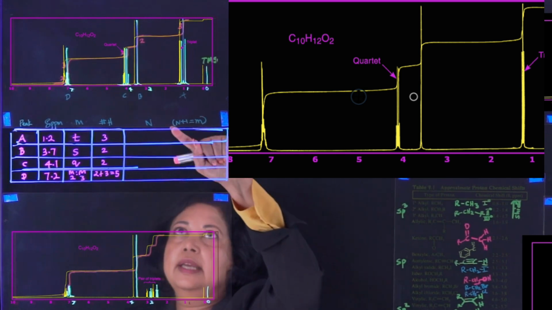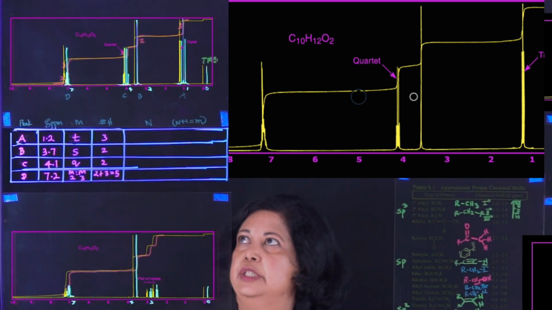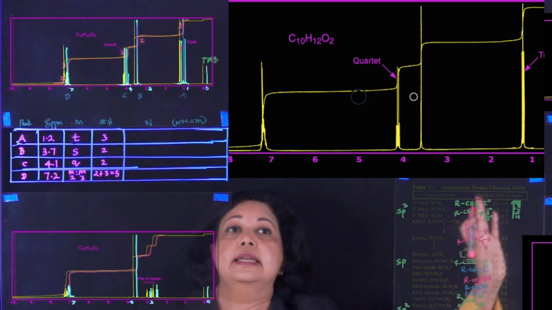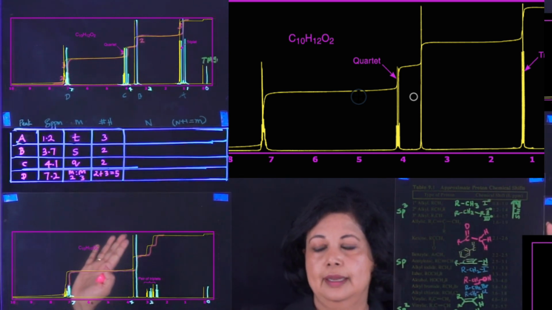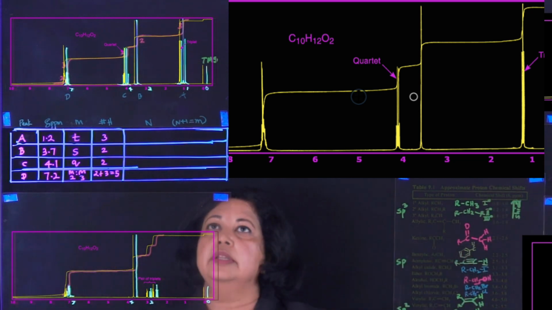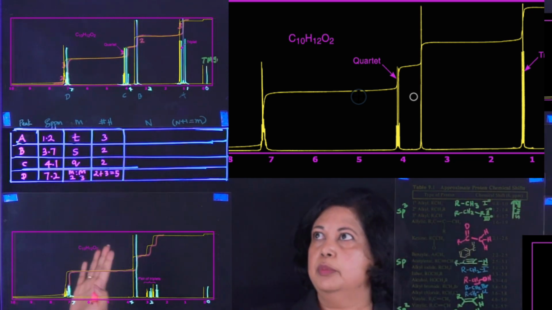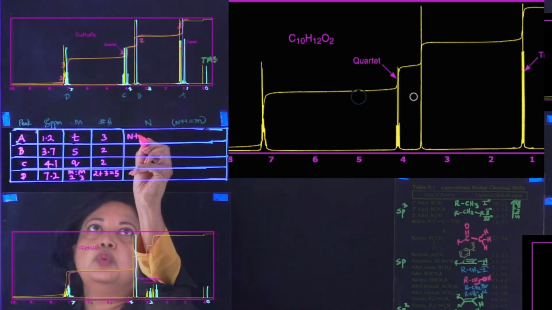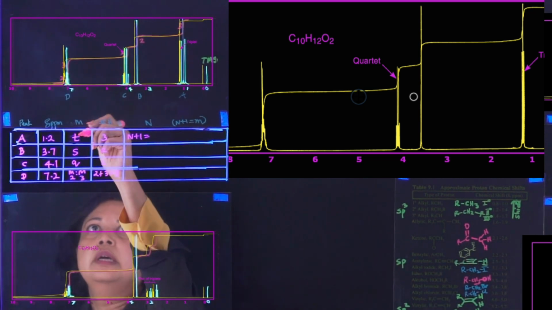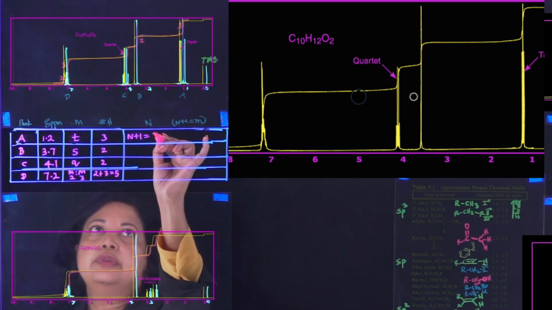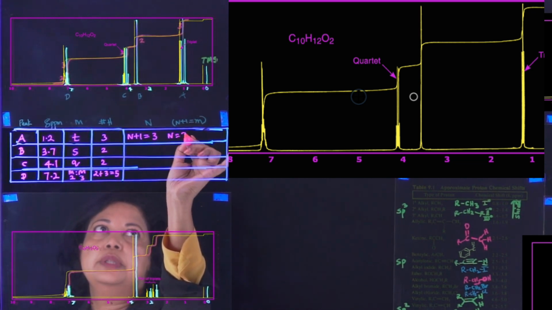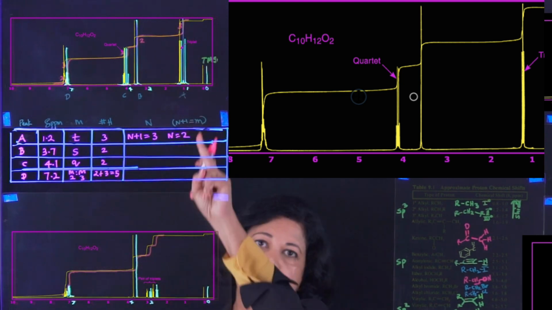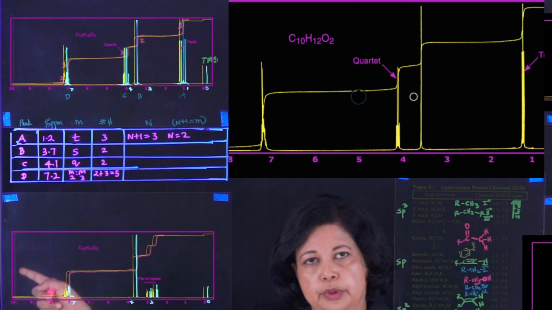Now, this is the most valuable information of all of this. Multiplicity can tell you how many hydrogens are neighbors. Okay? Neighbors. Not on the same carbon, but on the neighboring carbons. That's really, really important. So n plus 1 is equal to a triplet. Triplet means there's 3, so n is 2. That means this guy, A, has 3 hydrogens here, and the neighbor has 2.